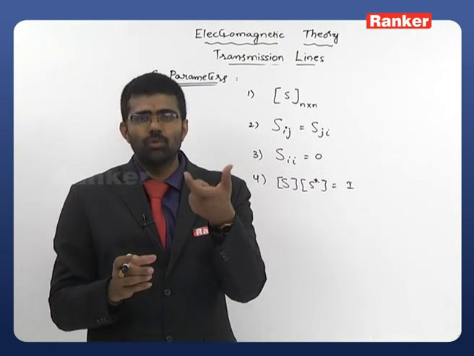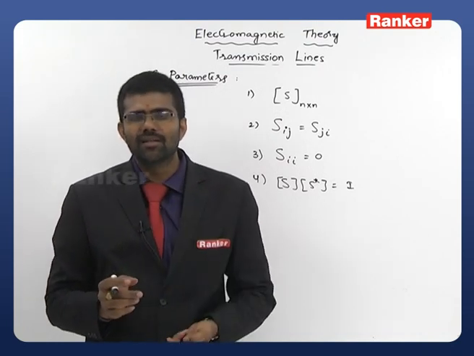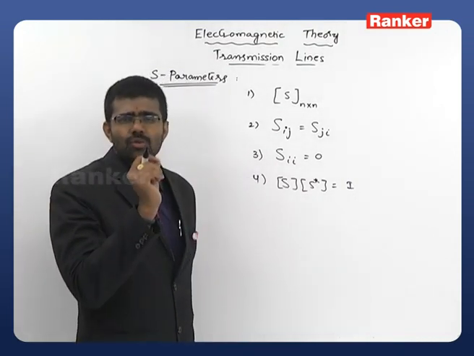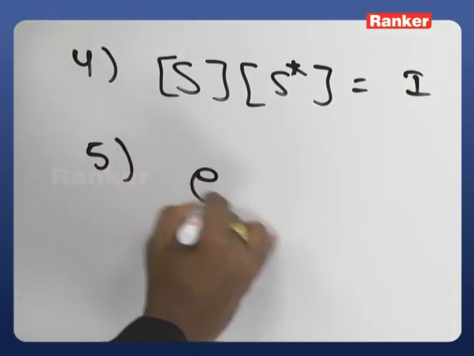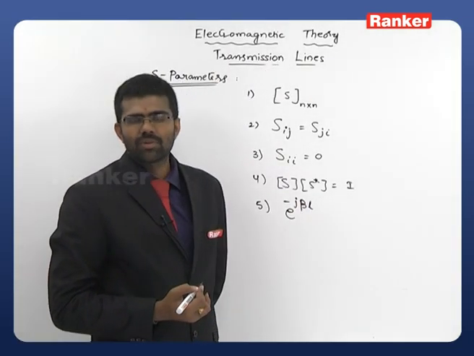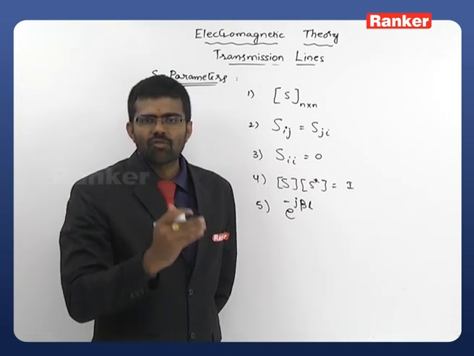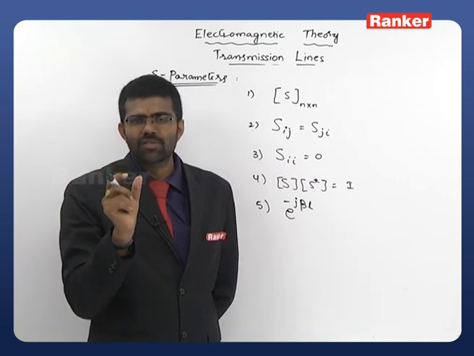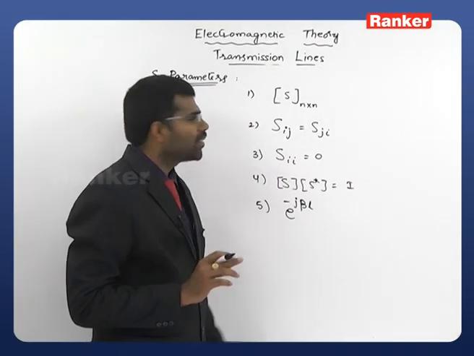Whenever the port is moved, not physically, it is electrically moved, for an electrical distance of beta L, then each and every reflection coefficient or transmission coefficient related to that particular port will be multiplied with a coefficient of e power minus j beta L. Clearly remember this property, that whenever a port is moved for an electrical distance of beta L, then the reflection or transmission coefficients, that is, the scattering coefficients related to that particular port, will be multiplied with this e power minus j beta L.